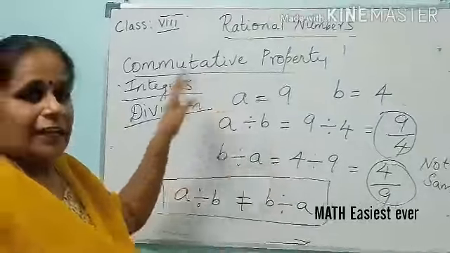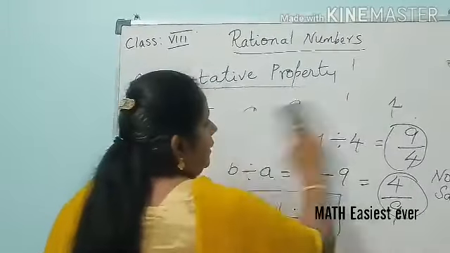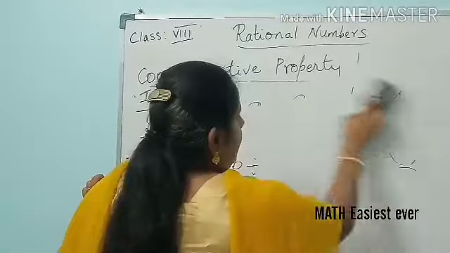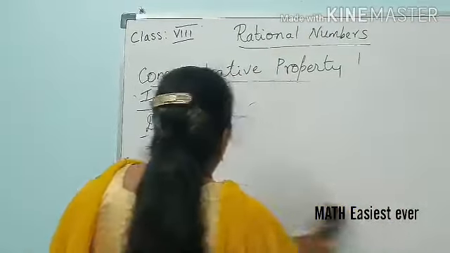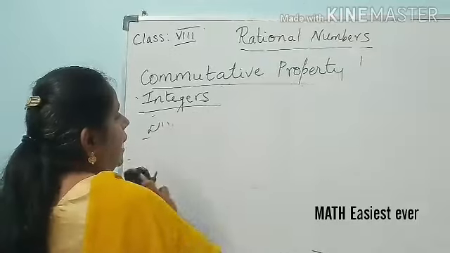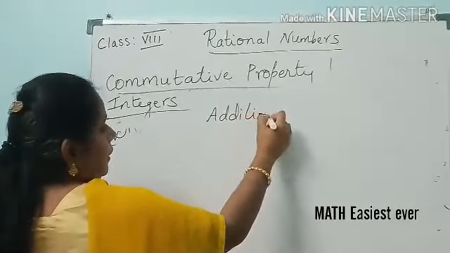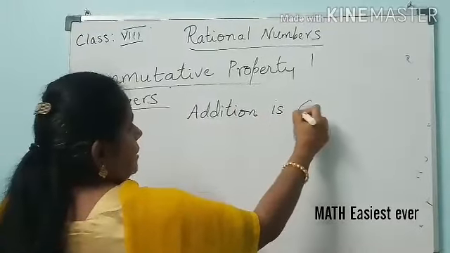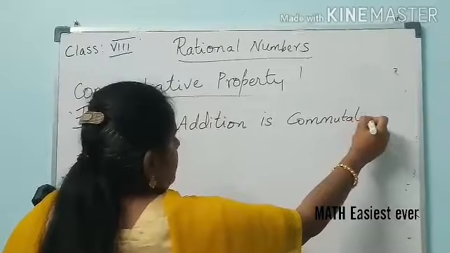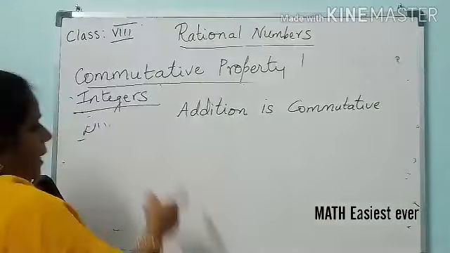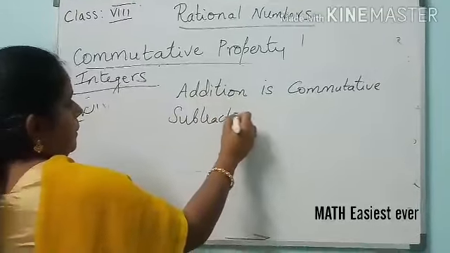Let's sum up all these things. Finally, let's sum up. Under integers, addition is commutative: A plus B is equal to B plus A. Subtraction is not commutative.